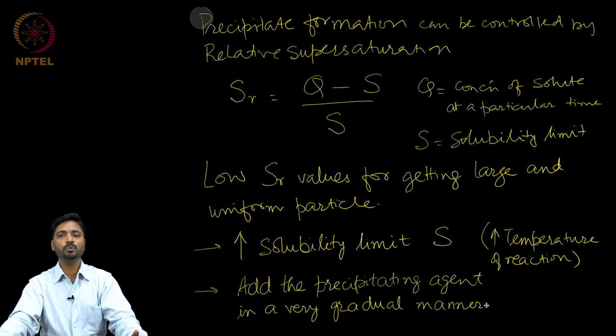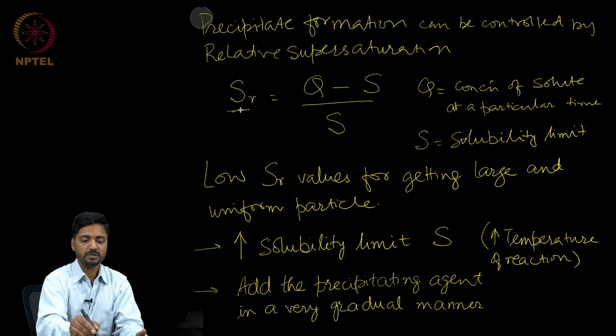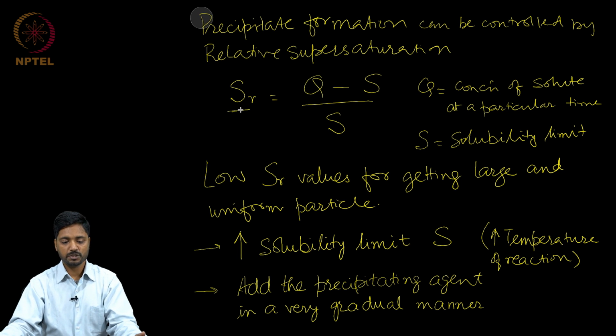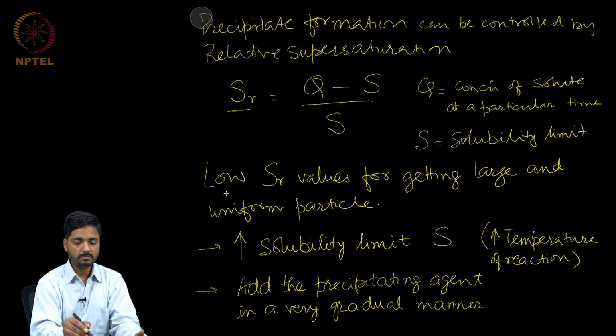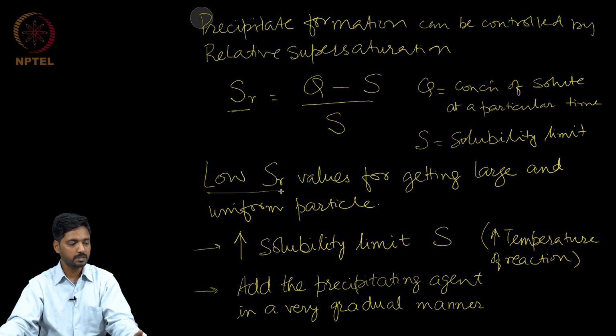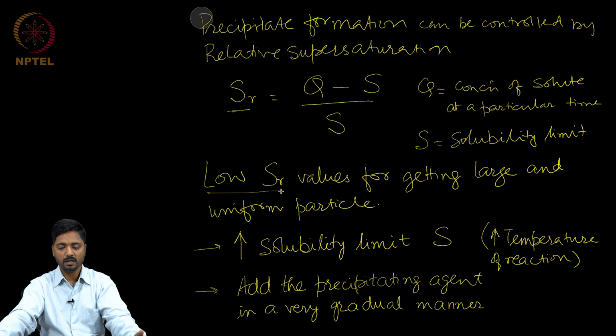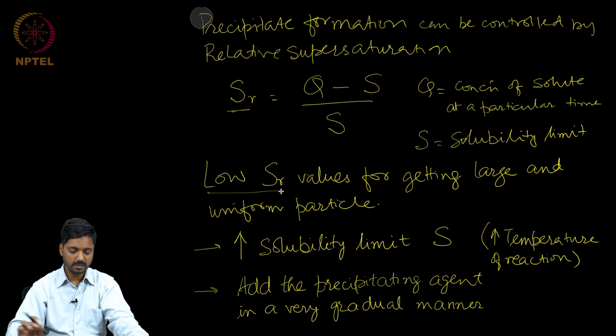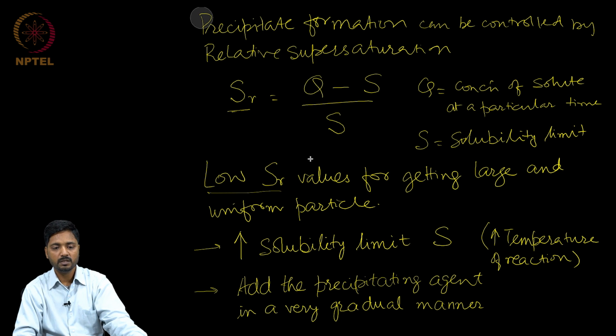So, we need to do a slow addition of the precipitating agent so that the relative supersaturation value remains low, and that will help us to get uniform and monodispersed particles.